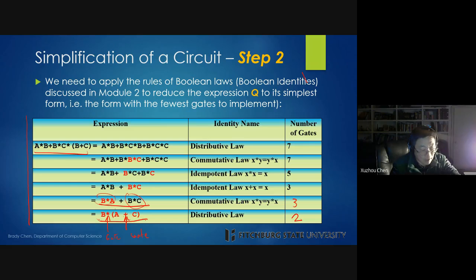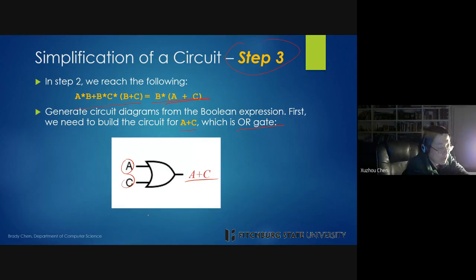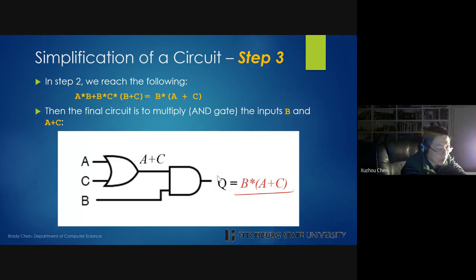So we build A plus C with the OR gate, and then there's another one, B, so we can build B times (A plus C).